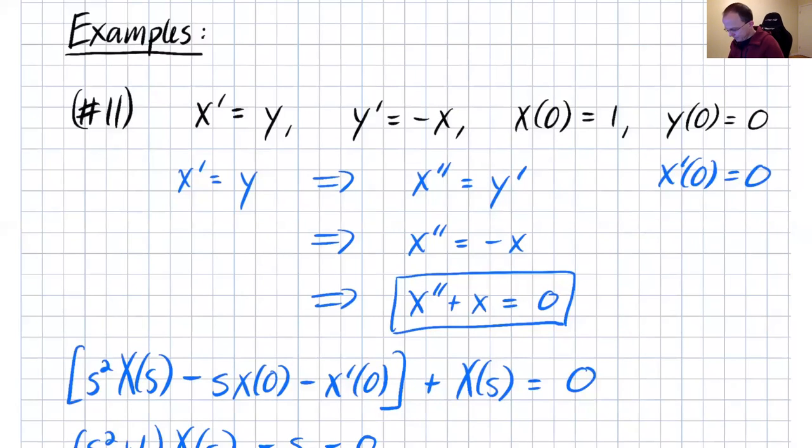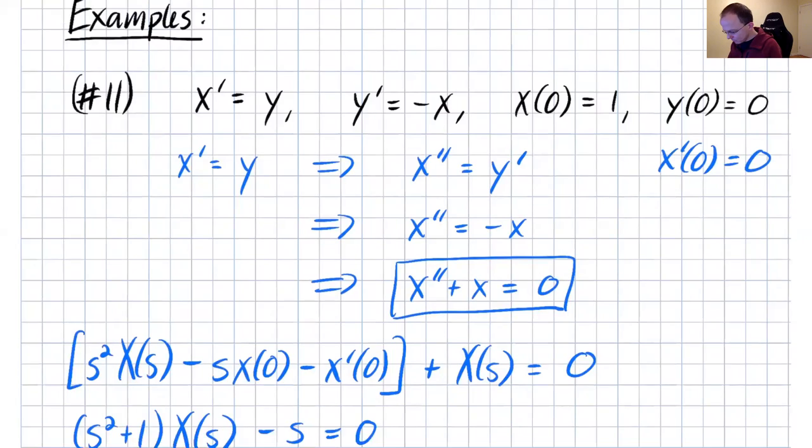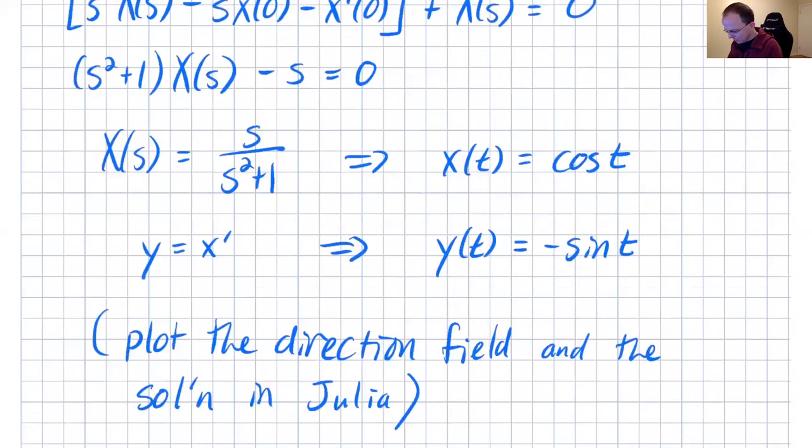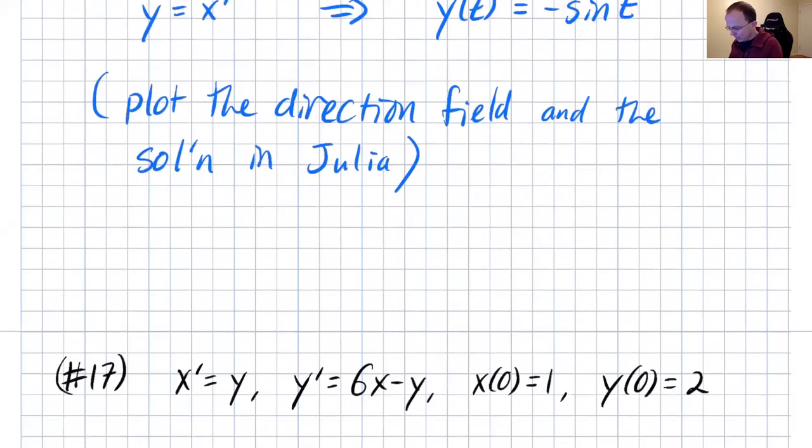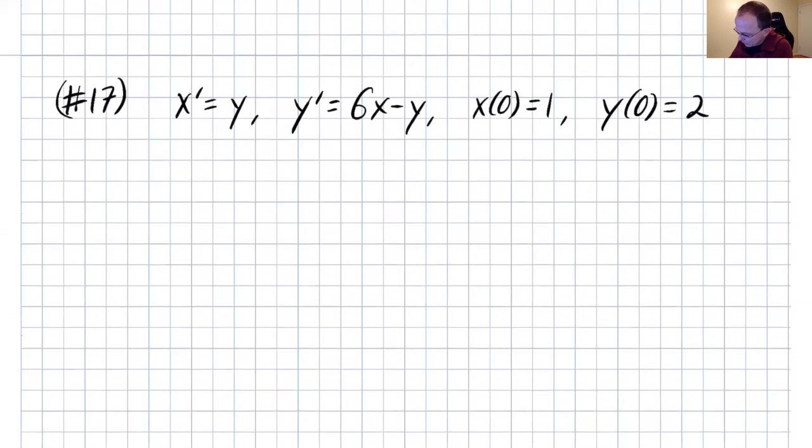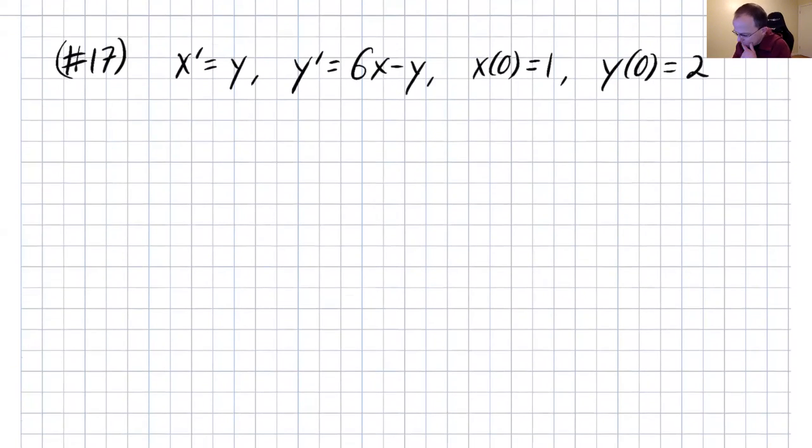All right. Let's look at another example here. This one's a little bit more complicated, and it's not really clear what's going on, but let's start with this equation here, and we'll take the derivative of it.